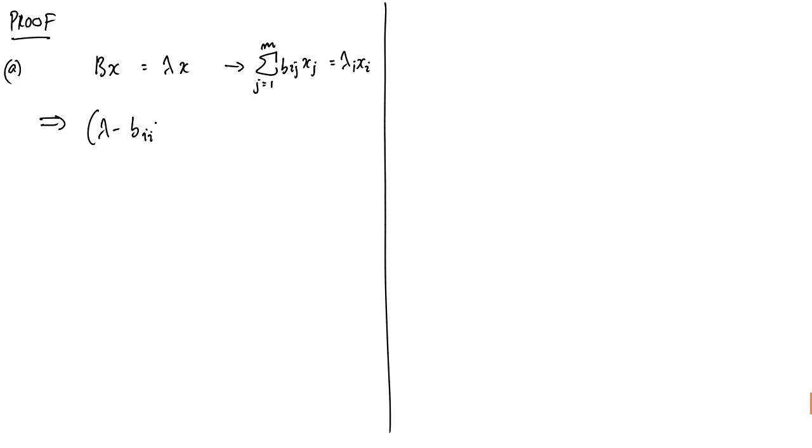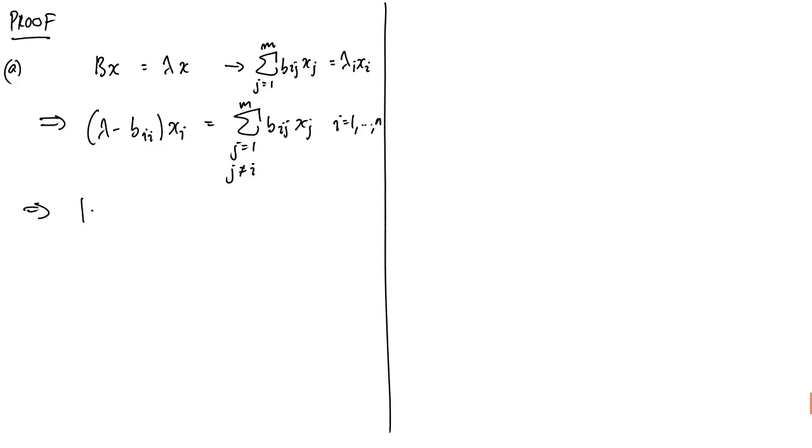Bii, xi equals, so I'm just basically plucking out the Bii entry from here, so the same sum, except that I've taken the i entry out and put it on the other side, of Bij xj, for i equals 1 to n.